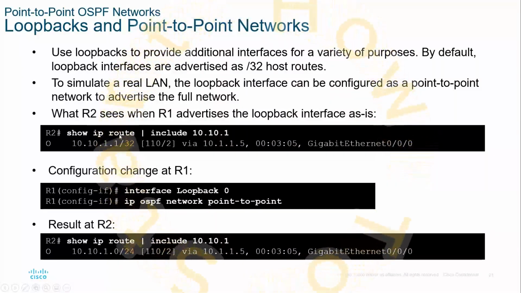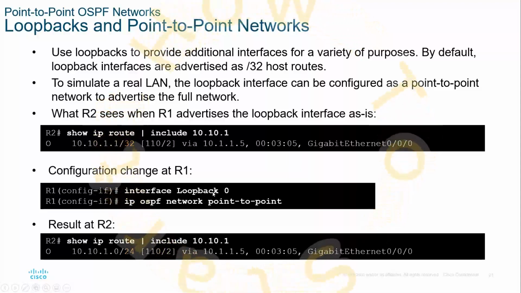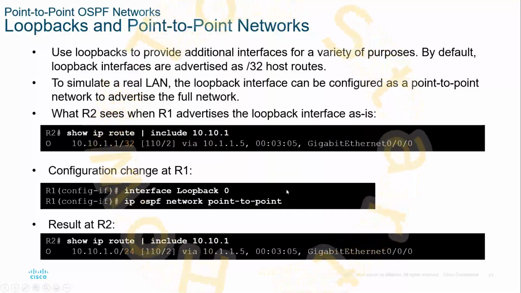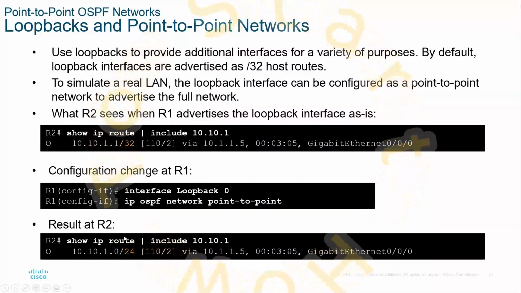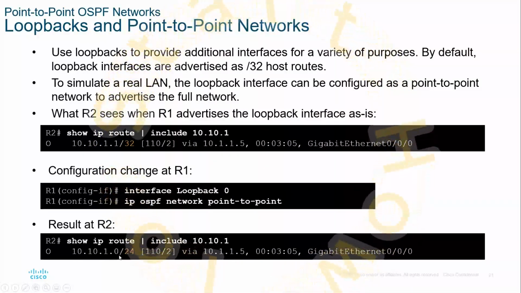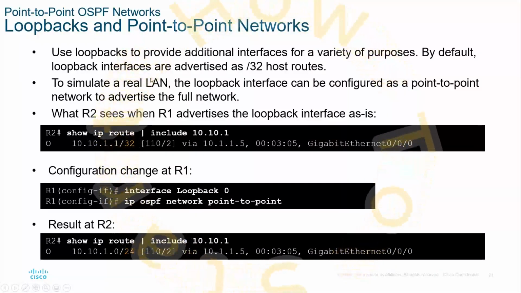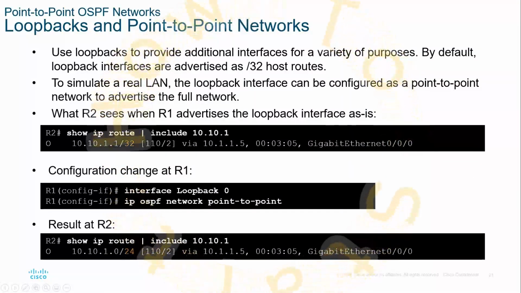If we configure a loopback interface as a point-to-point connection, then we will actually get the appropriate subnet mask, because by default, loopback interfaces are advertised as a /32.